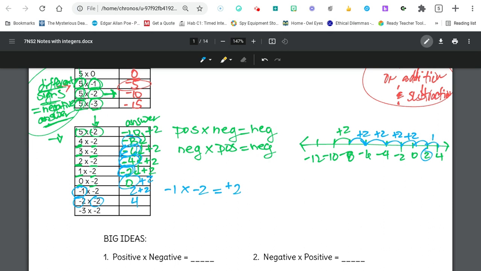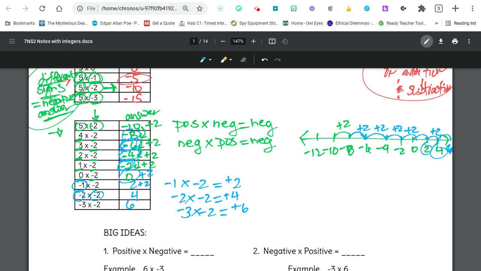Go up by 2. It puts us at 4. Okay. That was a negative times another negative producing a positive 4. Okay, so if I go up by 2 again, I'm going to end up at 6. So that's negative 3 times negative 2 is a positive 6.